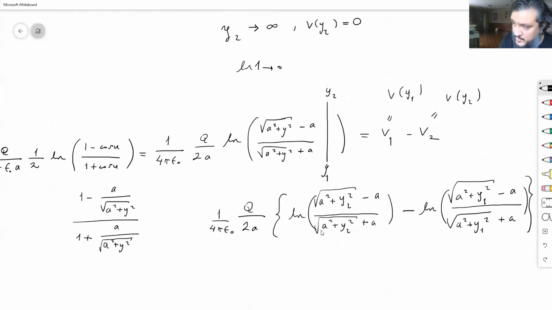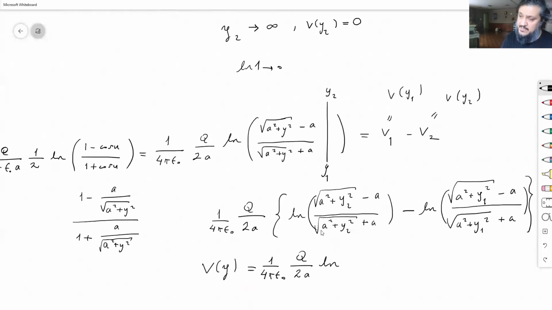So my v1, which I'm just going to call v now, or v of y, will be equal to this term goes away, the first term. The second term, I'm getting rid of the negative, and I'm changing the numerator to the denominator. So I will have 1 over 4 pi epsilon 0 q over 2a.